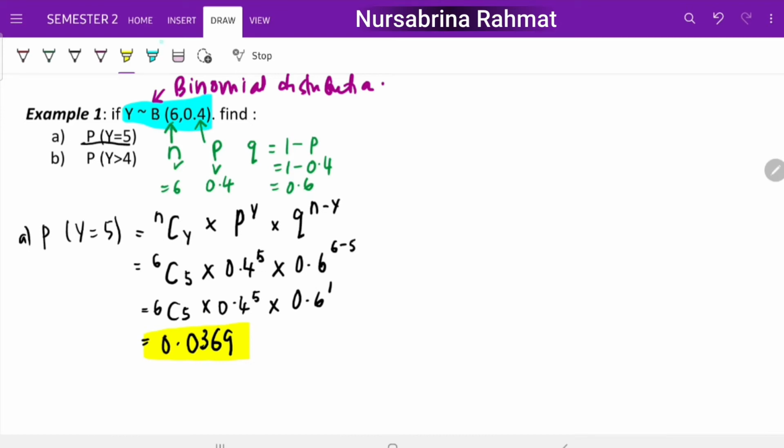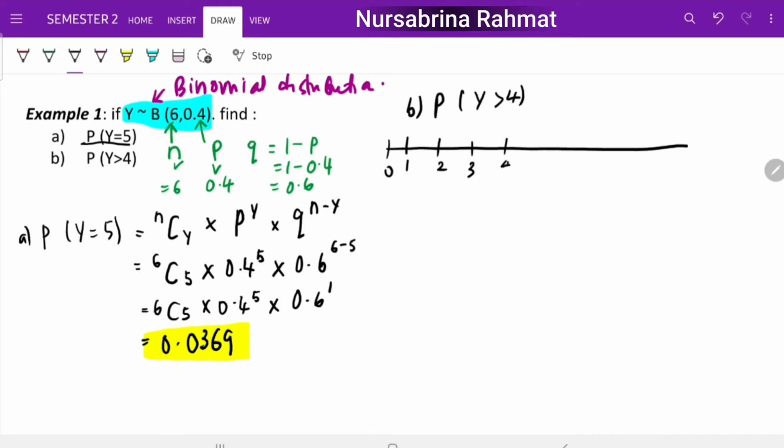This is the probability when Y equals 5. Let's move on to the second question: P(Y greater than 4). If you draw an inequality line from 0, 1, 3, 4, 5, the highest number is 6. Y is greater than 4, not greater or equal to 4, so it does not include the number 4.